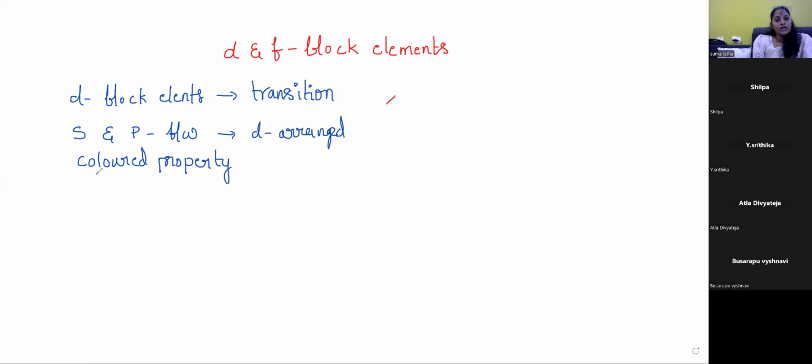Different oxidation states are shown by D block elements.